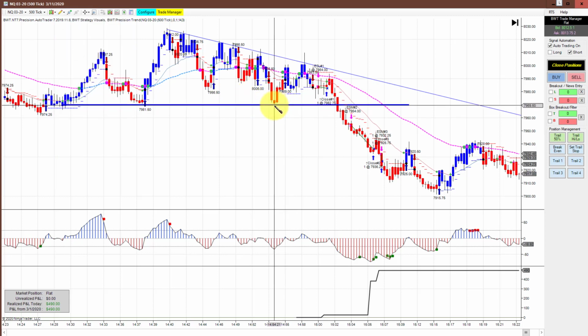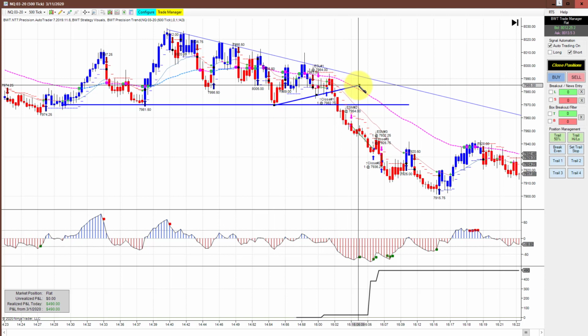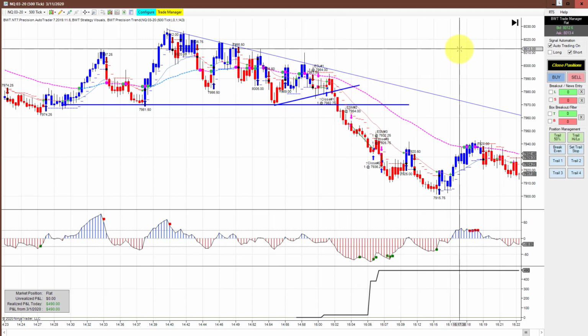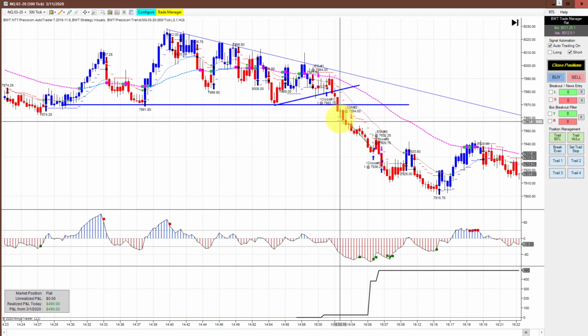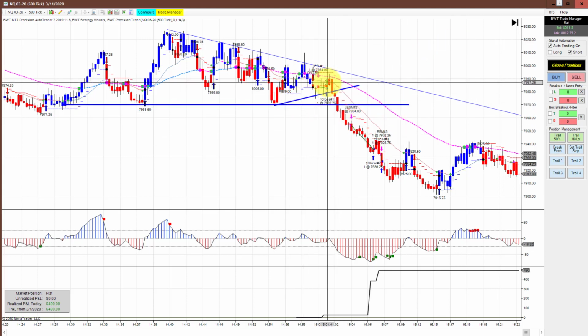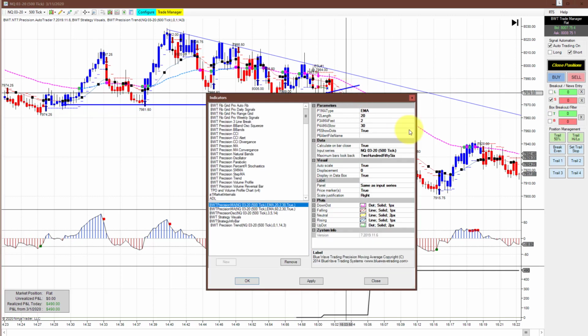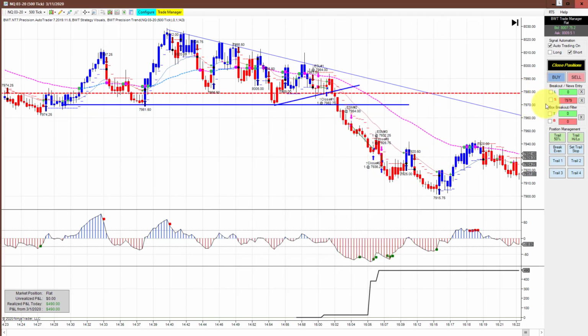You could have drawn one here like this. And so, different ways to draw trend lines, and just simply engage the Autotrader, or use your sell short horizontal entry line like this.